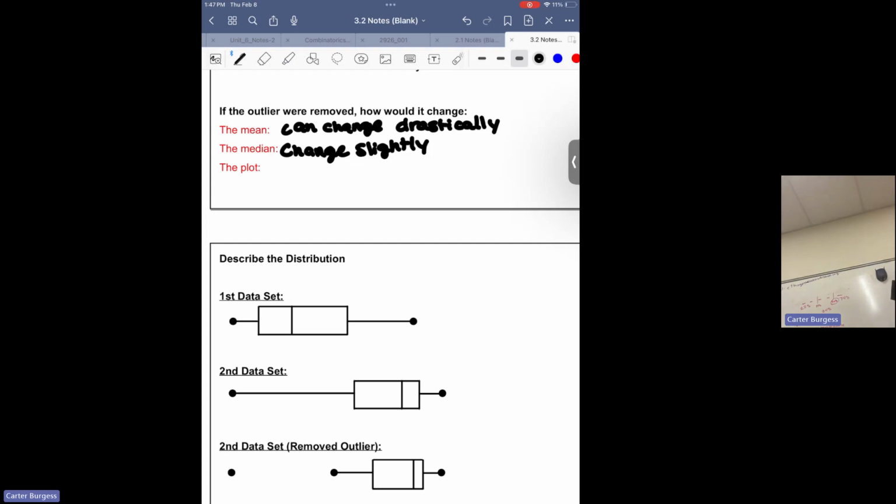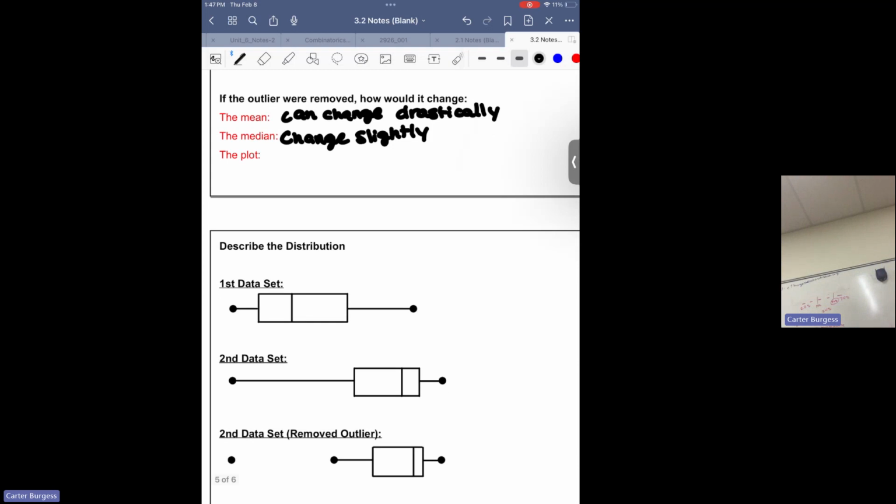Certainly possible, and somewhat what we saw here, why there was such a large change in the median, but not nearly as drastic as what you would expect to see with the mean. So the mean, as a measure of center, is very, very susceptible to outliers. The median, a little bit insulated against what those can do.